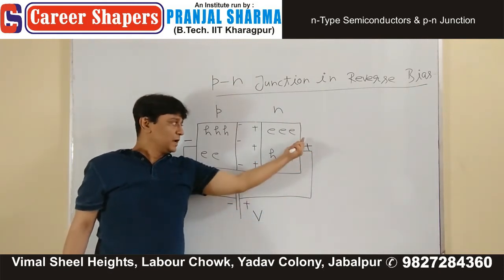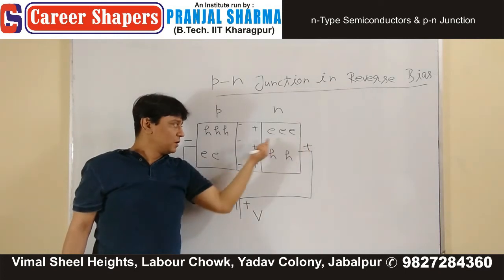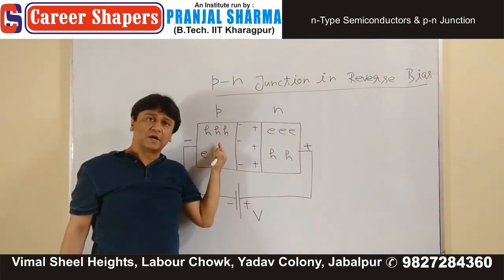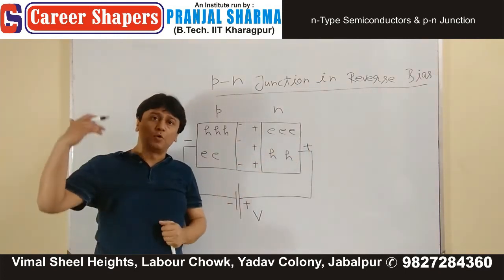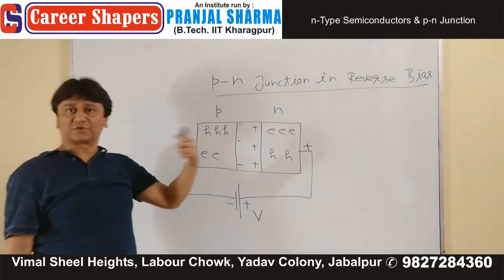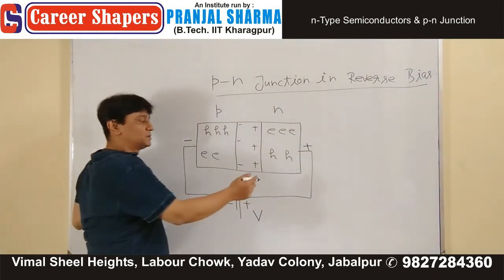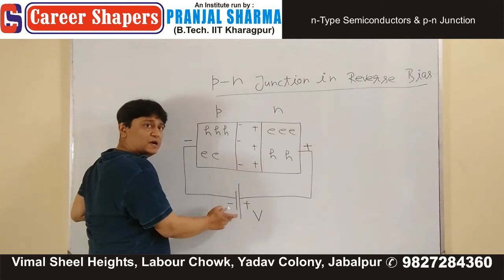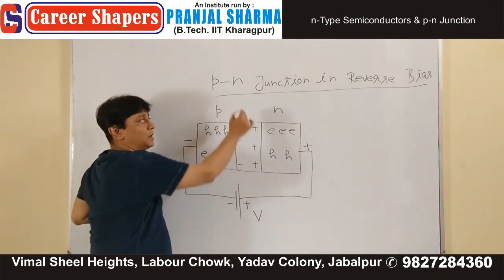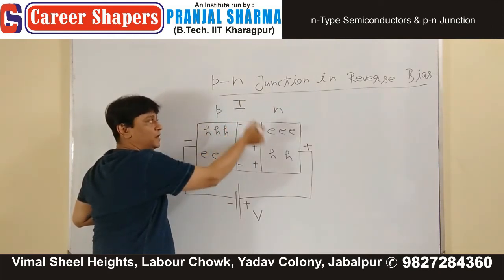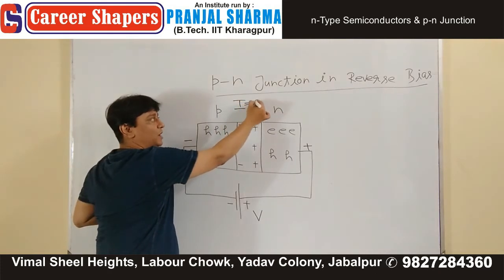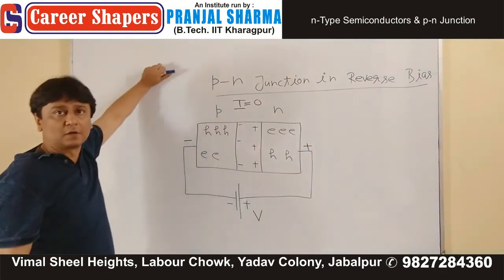So its further movement towards this side becomes even more difficult, even more restricted. That means in this condition, current flowing in the circuit will become what? Zero.